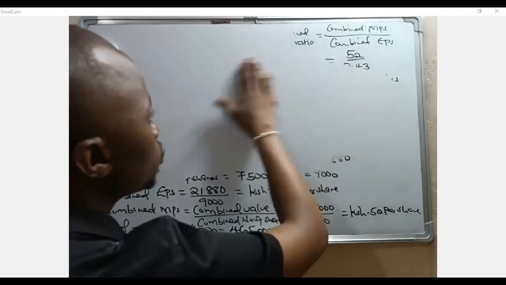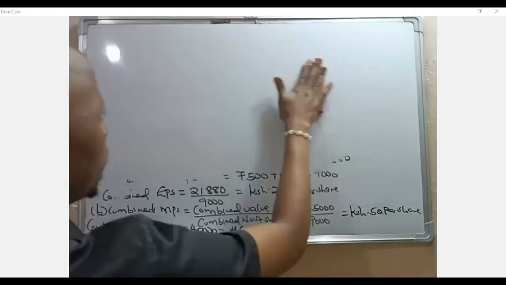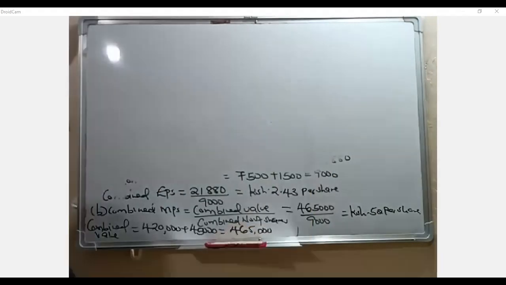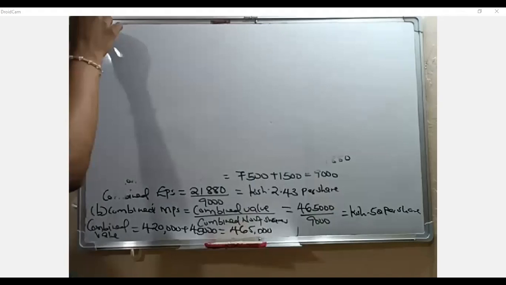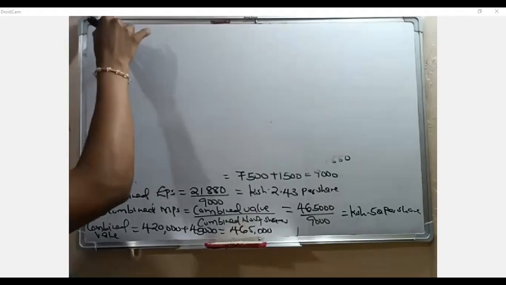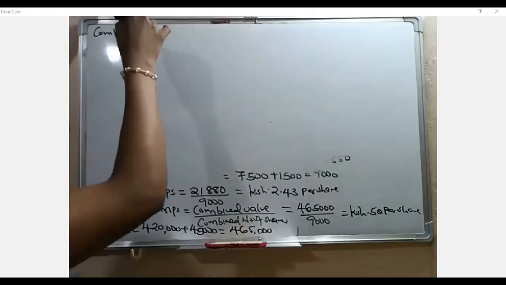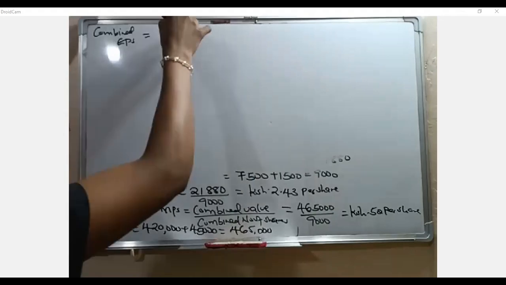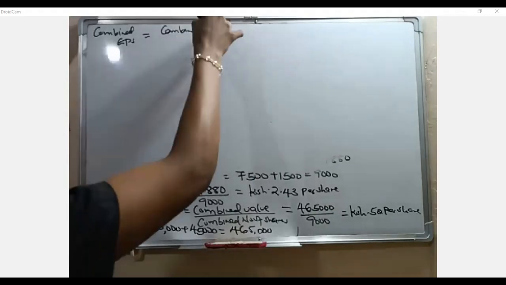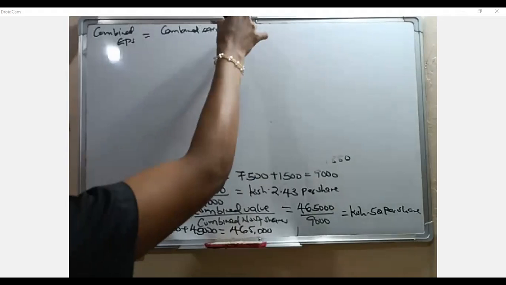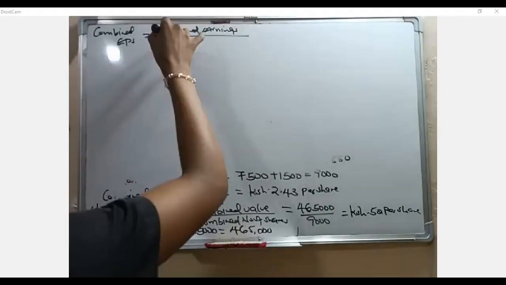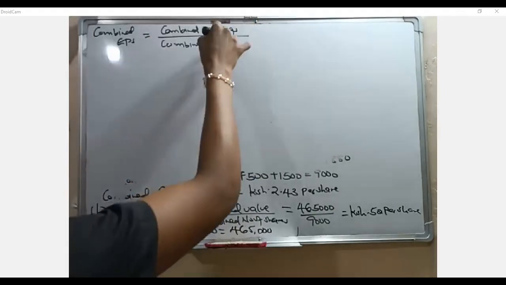So we repeat our simple formula: combined earnings divided by the combined ordinary shares.